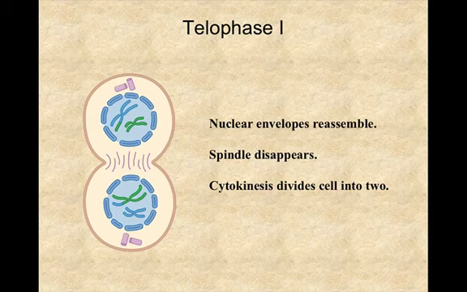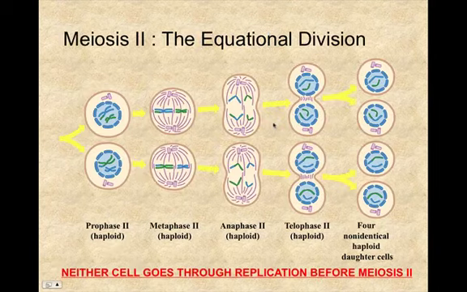But remember, we now have to take these chromosomes and divide them one more time. Hence, we have meiosis 2.